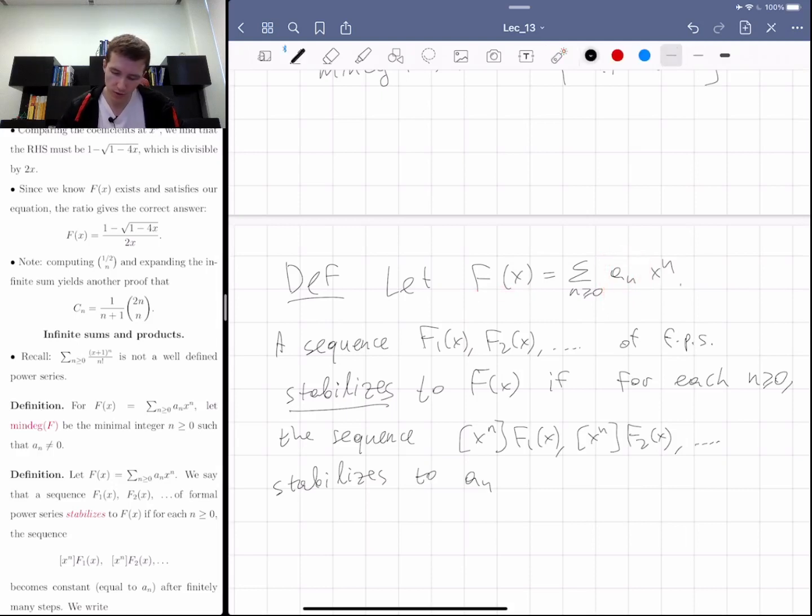So stabilizes to a_n means that all terms become equal to a_n after finitely many steps.